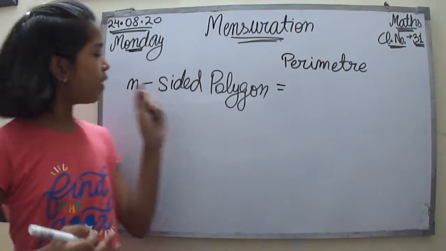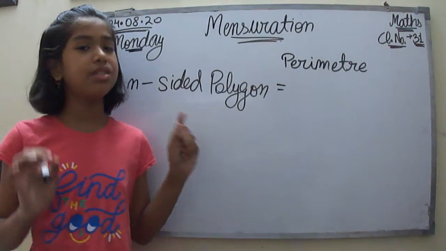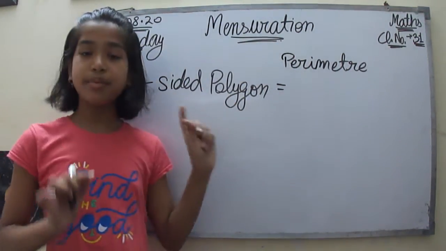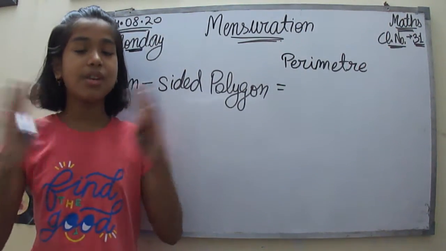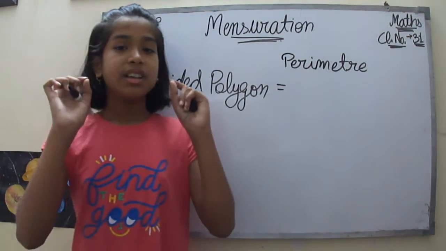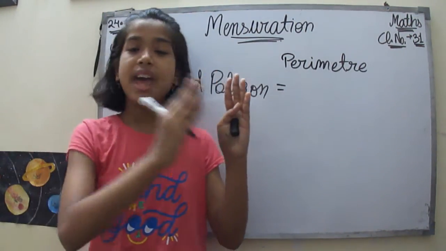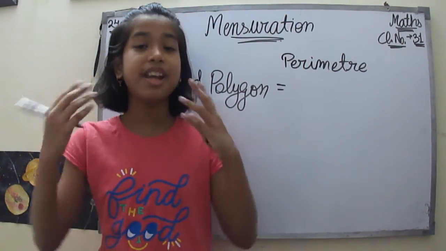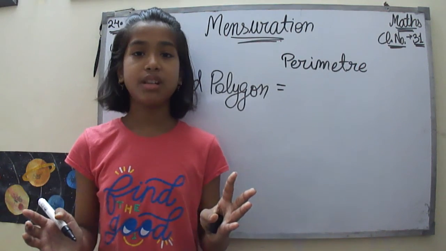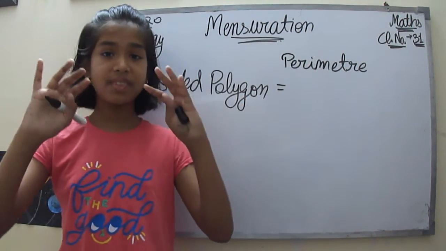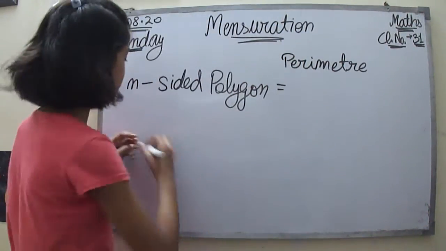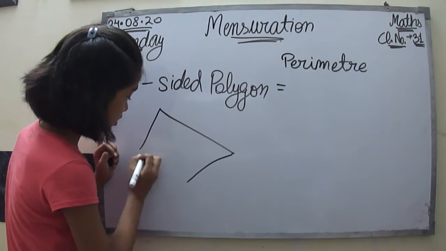centimeter, right? So for an n-sided polygon, one thing you have to keep in mind is that it will be regular if it is given in the question. If it is irregular, it doesn't have all the sides equal, so it could look like this.